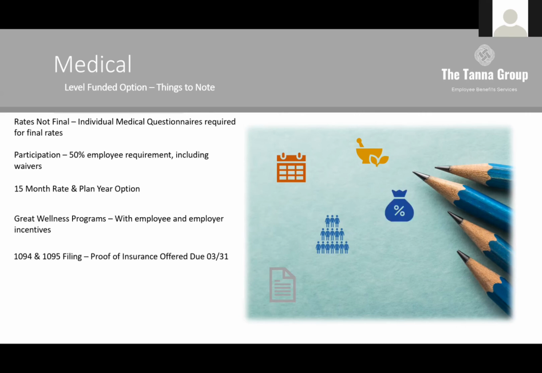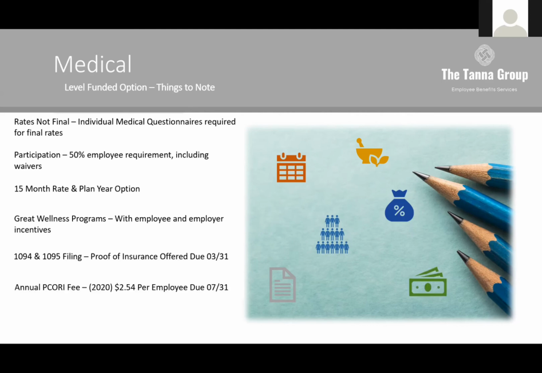Some information that is required by the Affordable Care Act is the 1094 and 1095 filings. These are reports that are required to file with the government and supply to your employees, proving that you offered affordable insurance to your participants throughout the previous year. Along with these requirements, there's a PCORI fee.